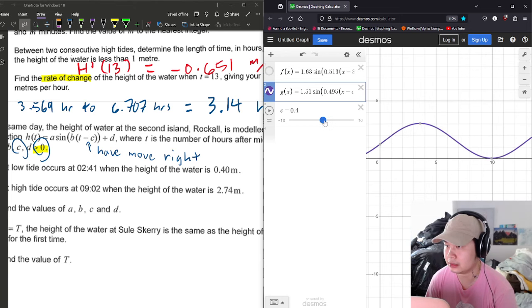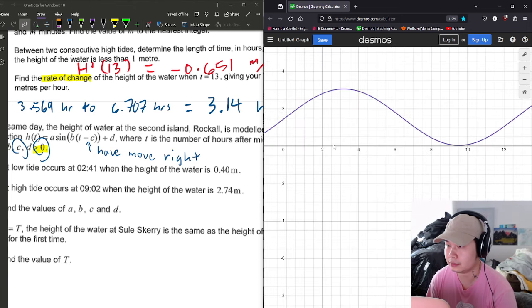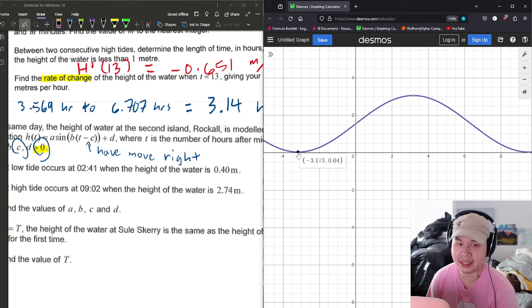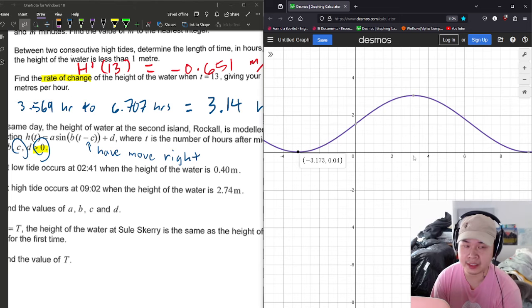Basically, I need to find out when this low tide, the one that happened before midnight, the time that that happens, and then that needs to be moved to the time that I want. And I know that this says that's the time, so you can do that easily.